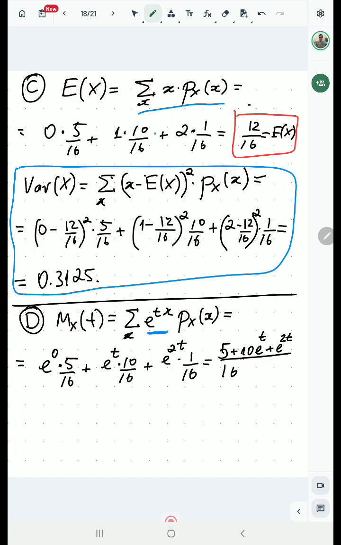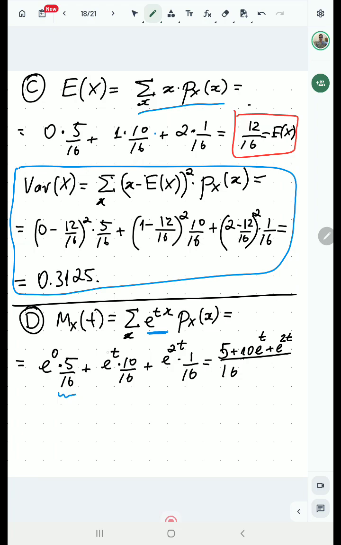The first value of X is 0, so e to the power 0 times t gives us 1, times the probability of 0, which is 5/16.